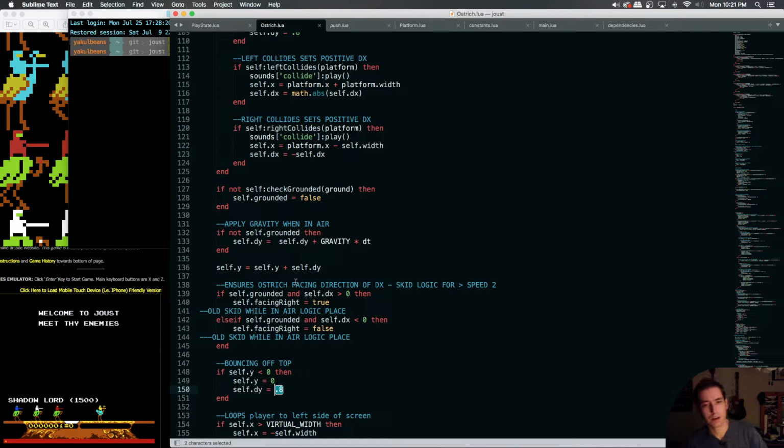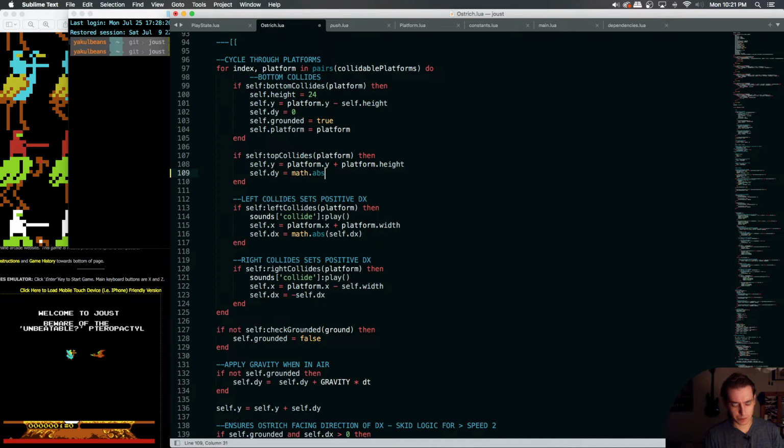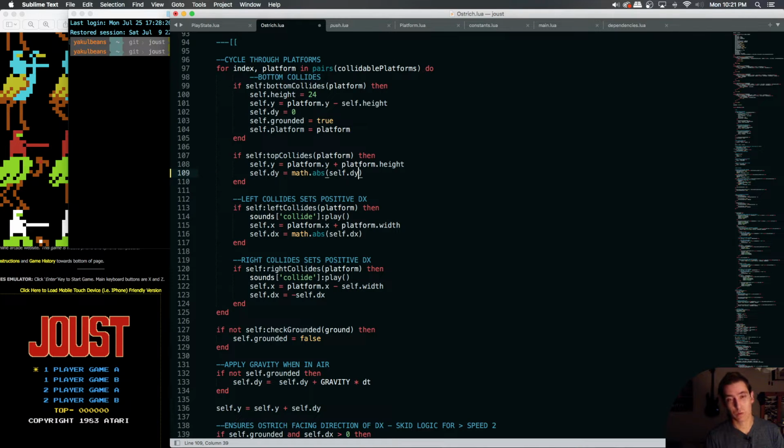So I think I was onto something. I mean, I fix this or change this at some point, but we want our dy to get the absolute value of our current dy, which will turn it into a positive, so it'd swap its dy.